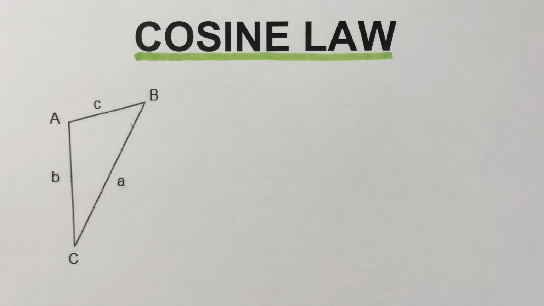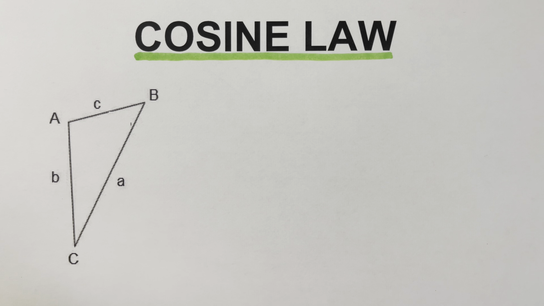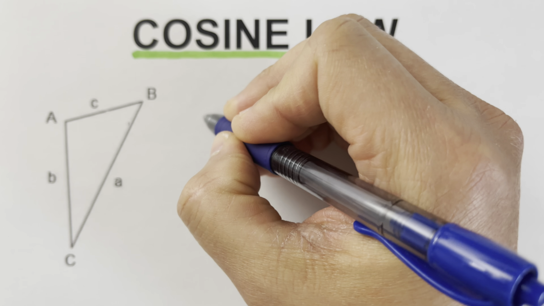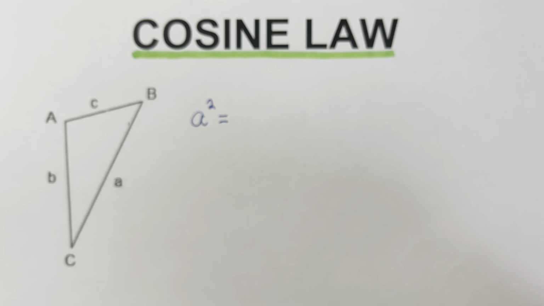But what we remember is the main concept of cosine law, which states that if we get the square of this side right here, so I'm going to have a squared, that is equal to the sum of the squares of the remaining sides.